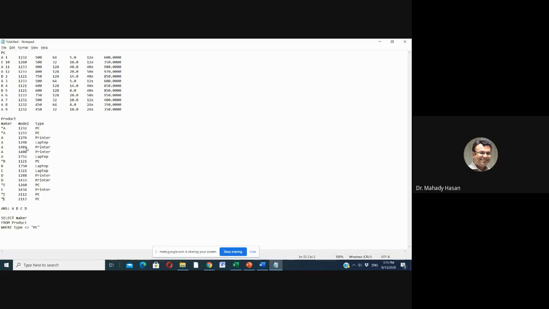So just to find out the PC, what should be the command? Select maker from product where type is equivalent to PC, right? Yes, sir. Isn't it? This will show me the asterisks. But whether the model is not there in PC, how can I do that? Maybe by writing and model not in select model from PC.